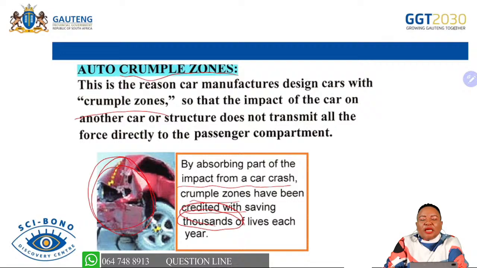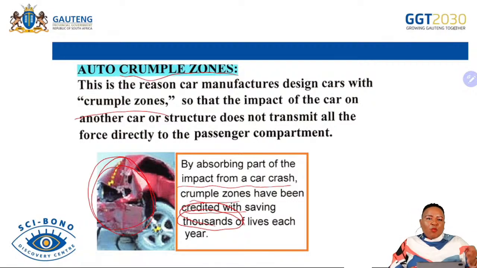We are not saying, guys, that when these features are in our cars there is no way you can get injured, but at least they reduce the impact and the form of injuries you can get. All of them, as you see them, try to increase the time of contact between you and the surfaces you will be in contact with in the car, so that there will be less force exerted on you and more time of contact between you and those objects.